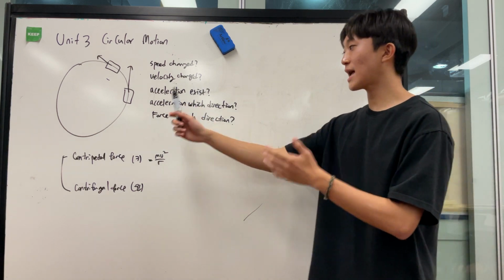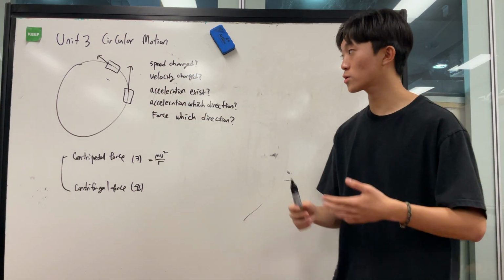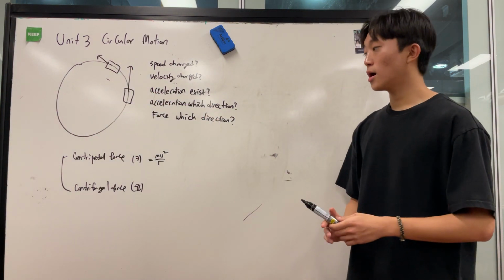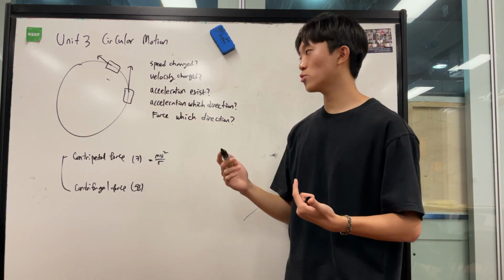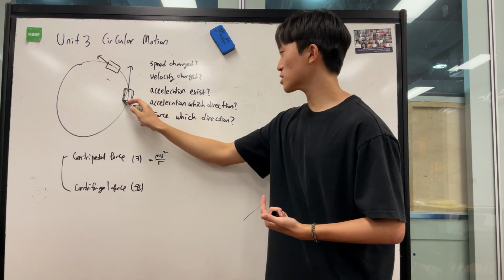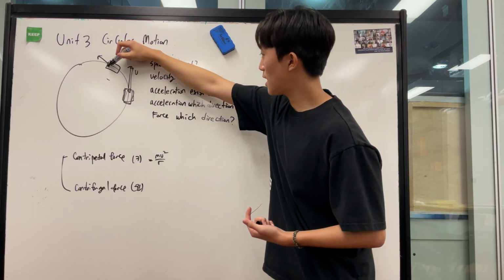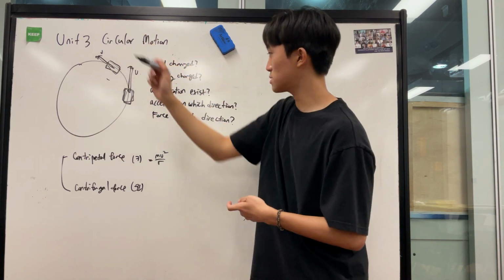So this is a classic circular motion example. You have a car or a cart or an object moving on a circular path. Now, first of all, let's think about this situation where the car starts at this position with speed v and moves to this position with the same speed.